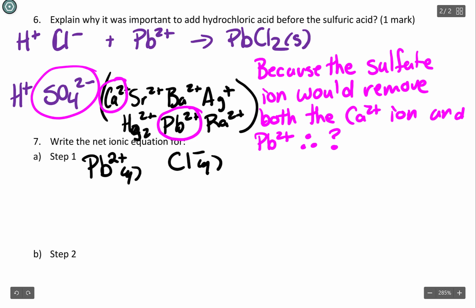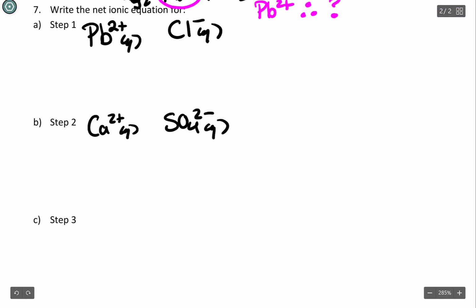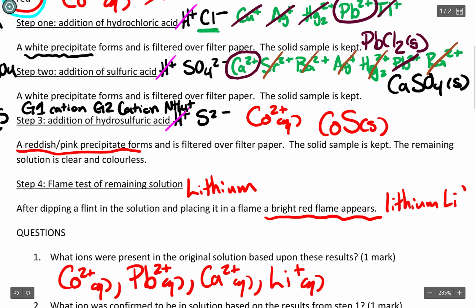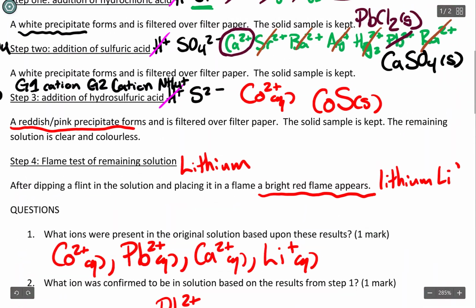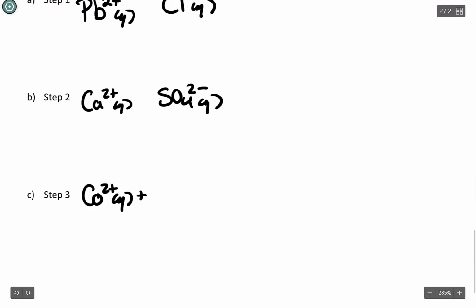In step 2, we had calcium reacting with sulfate. In step 3 of the lab, we had cobalt 2 plus reacting with, let me just double check, a sulfide ion.